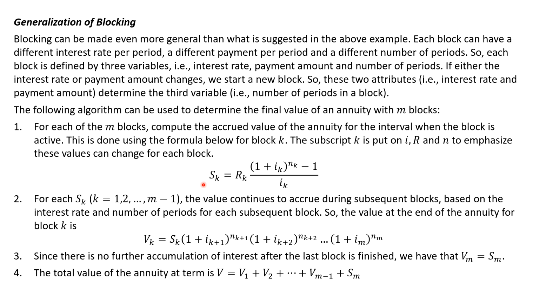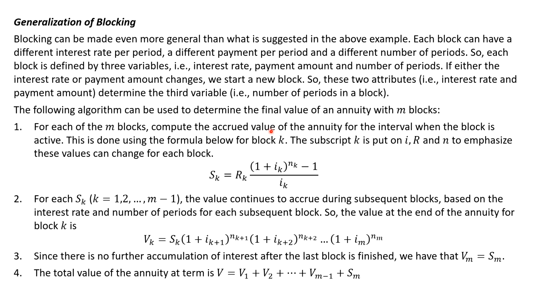So how do we compute this? Well, we already have the basic formula for doing the computation in a given block. So let's say we have n blocks, as we defined up here. For each of the n blocks, compute the accrued value of the annuity for the interval when the block is active.